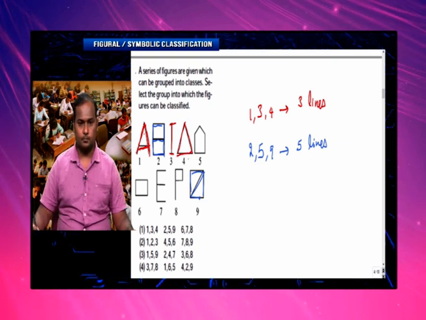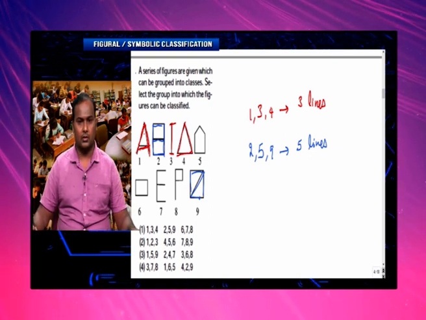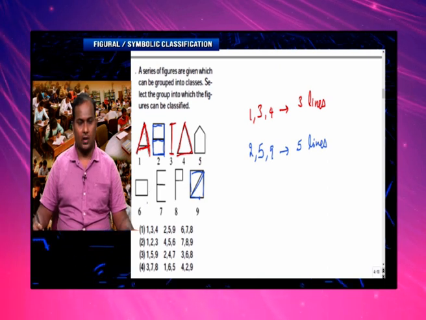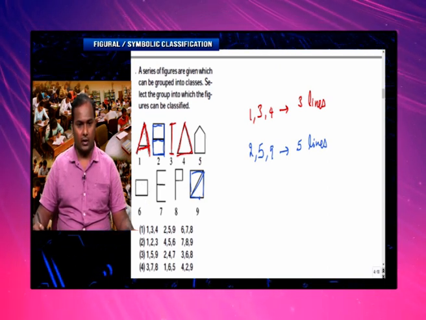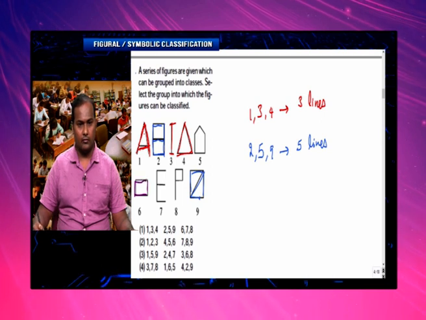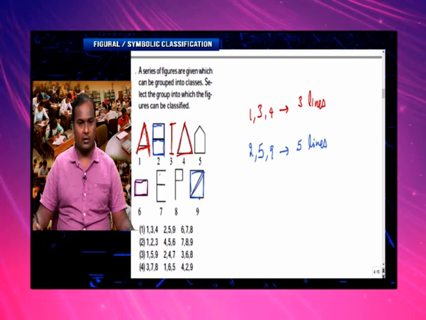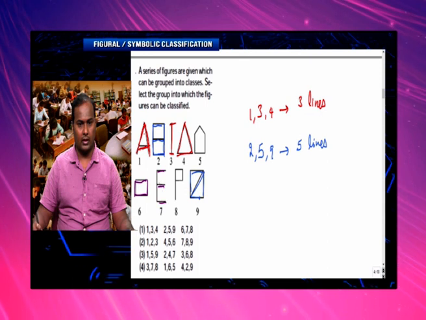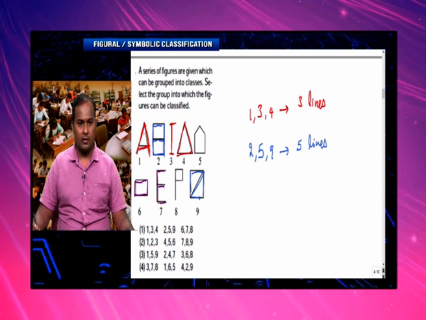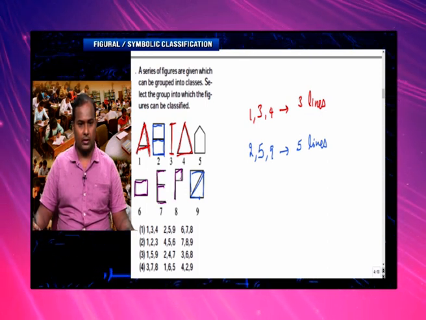And see the next one. 6. We know that 6 is formed with 4 lines, 1, 2, 3, 4. In the same way, E is also formed with 4 lines, 1, 2, 3 and again 4. P is also formed with 4 lines, 1, 2, 3, 4.